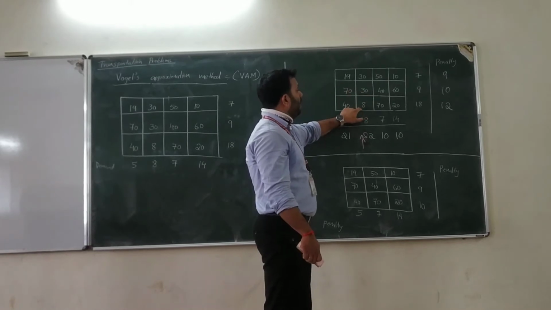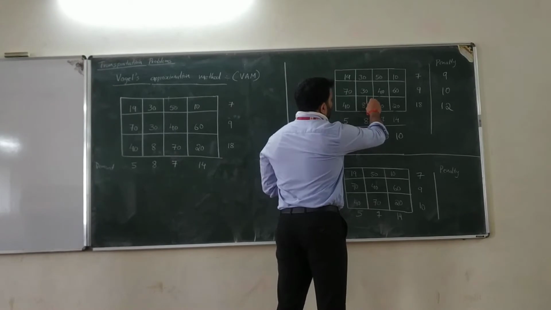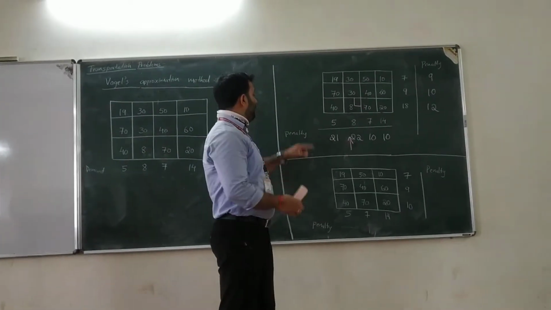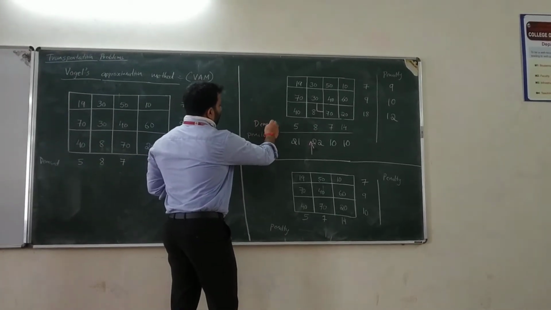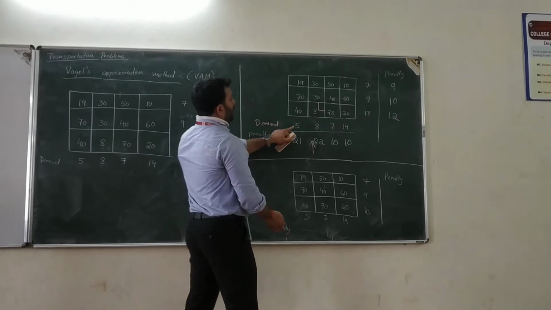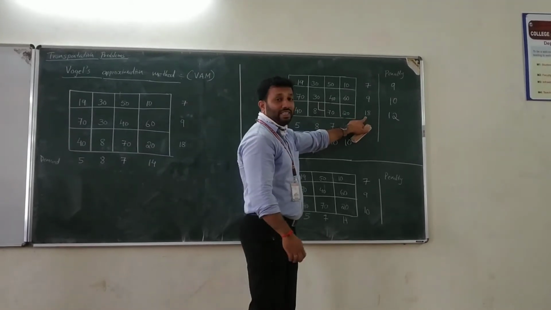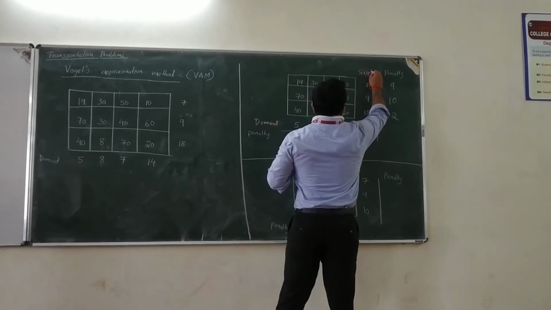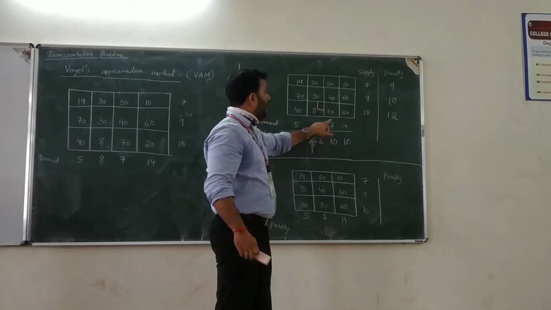Here I have the minimum cost as 8, so I am allocating to this particular position. The demand is 8 and the supply is 18.